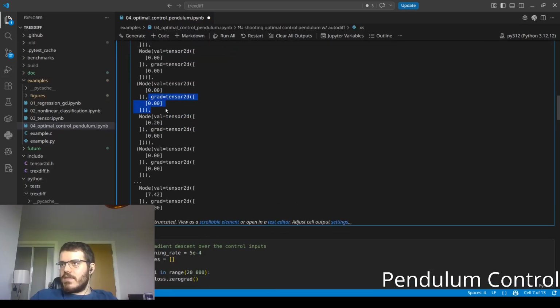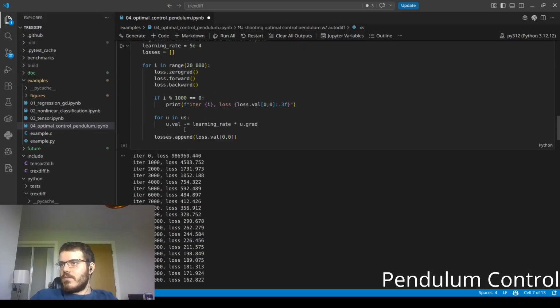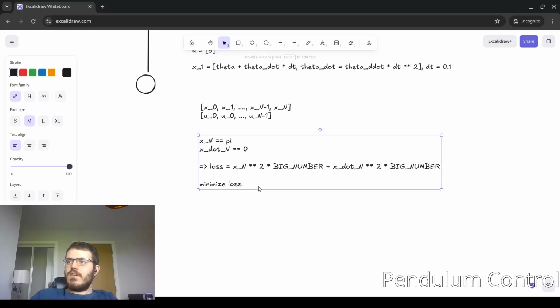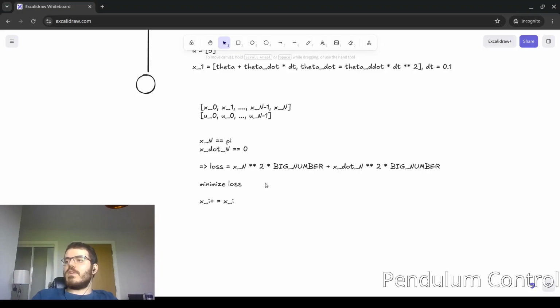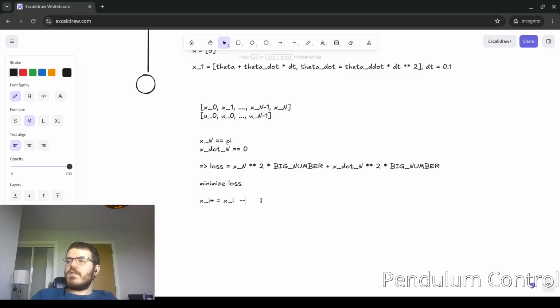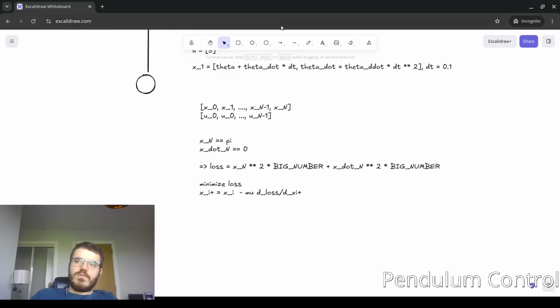They have a gradient object, and you can do basic gradient descent, where each x is the same minus some learning rate times the gradient of that loss, say d loss, dx of i. And I don't have to worry about doing these calculations of gradients because our nice autodiff framework does this for us.